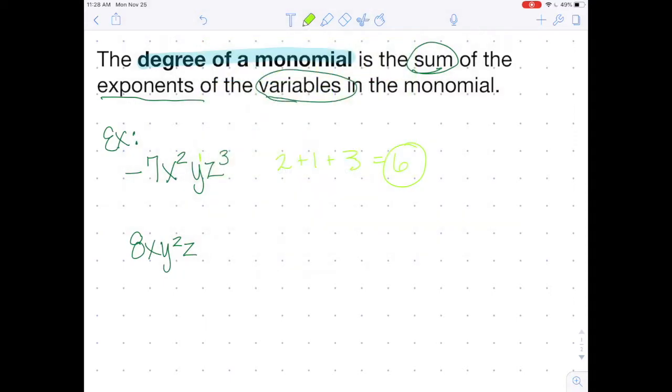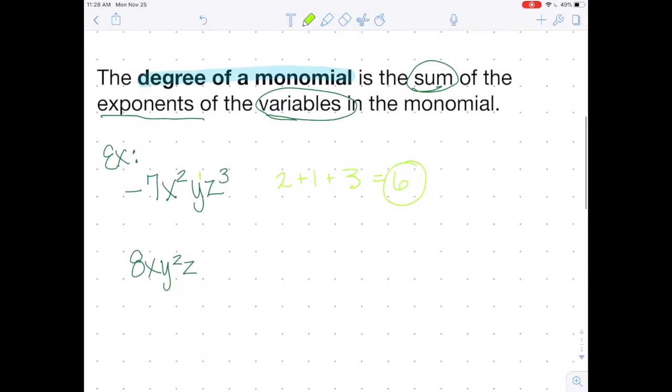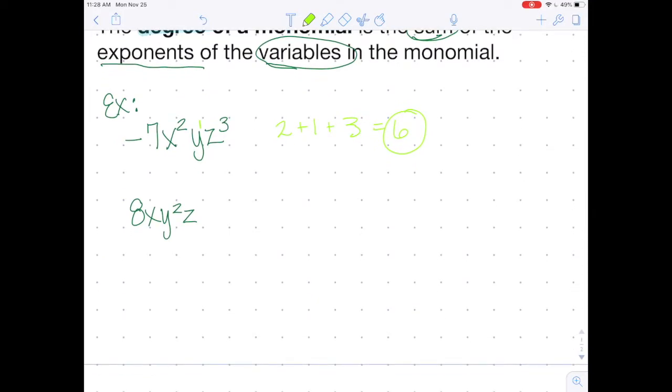I always write in the invisible exponents. So I put the 1 with x, I put the 1 with z, and then I do 1 plus 2 plus 1. That gives me 4. The degree of this monomial is 4. Let's do one more. I have 12 squared a b cubed c.